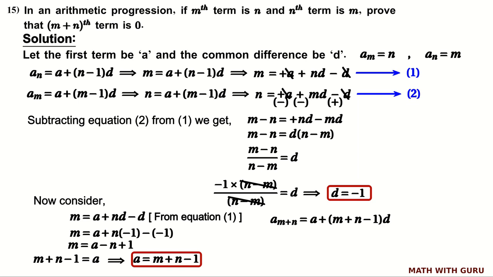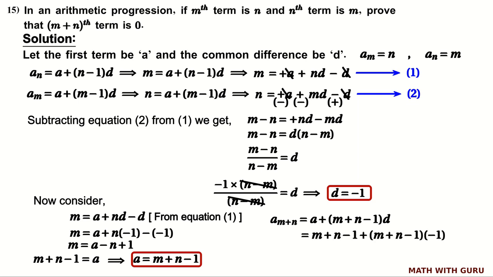Now, let us find out a m plus n equals a plus m plus n minus 1 into d. Substitute m plus n minus 1 in place of a and minus 1 in place of d.